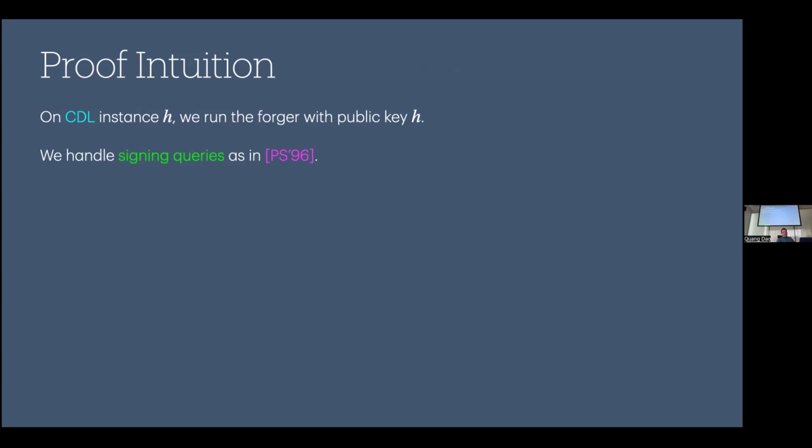You just program the hash. You choose R in such a way that if you program the hash function at M and R, then you can create a signature.